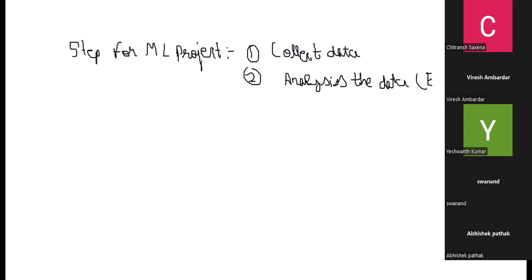And what is EDA? So EDA is exploratory data analysis. Inside this, the first step is, first of all, check whether our data is numerical or categorical.